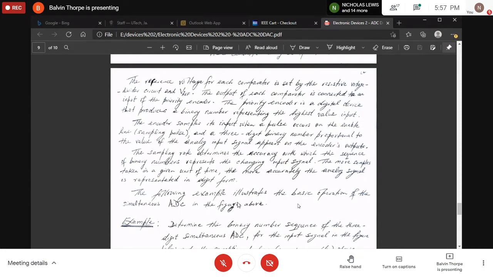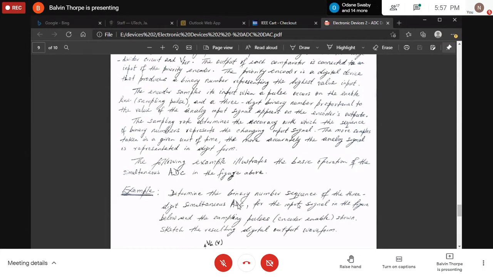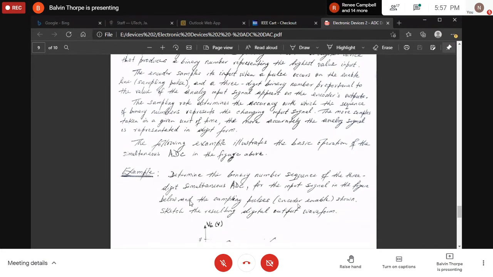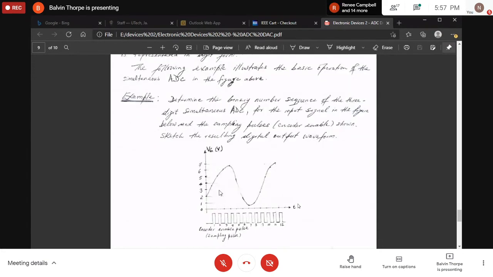So here, for example, if you did not fully understand, we use an example to illustrate the basic operation of the analog to digital converter. Here we have an analog signal, agree? This is our analog signal. You must determine the binary number sequence of the 3-bit simultaneous analog to digital converter for the input signal that is applied.